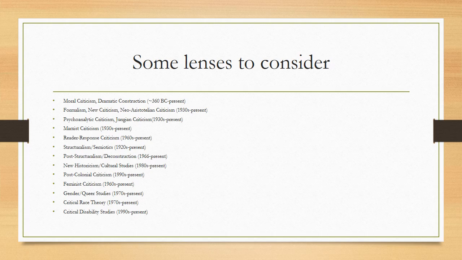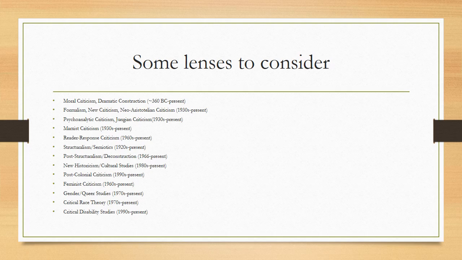Post-colonial criticism looks at the relationship between formerly colonized countries and the countries who colonized them, and what life is like after colonization, which decolonization happened in the mid-20th century, and there are lots of countries that used to be ruled by the British Empire.